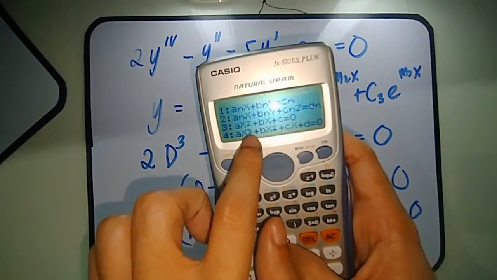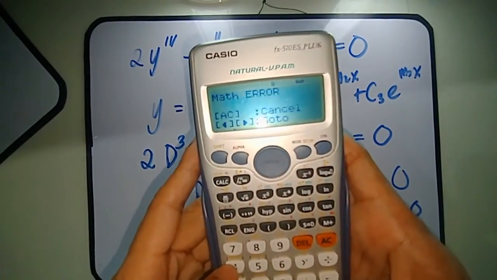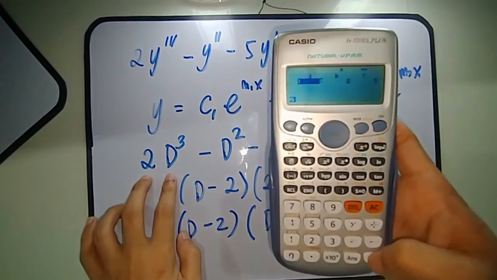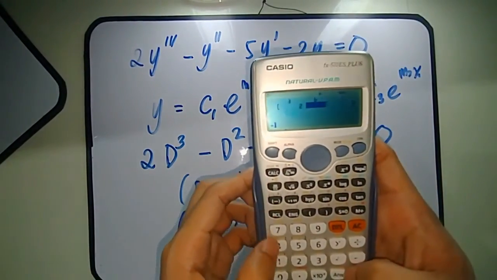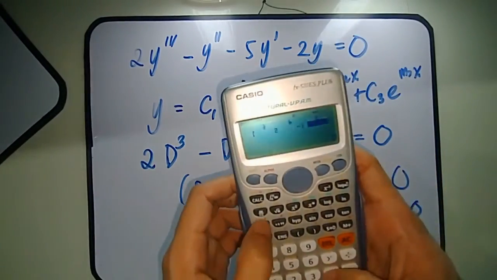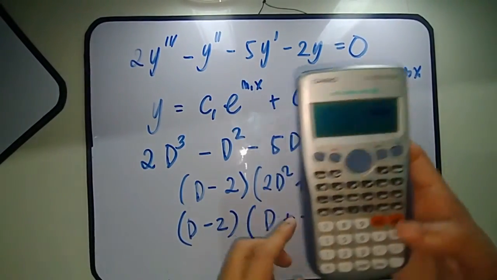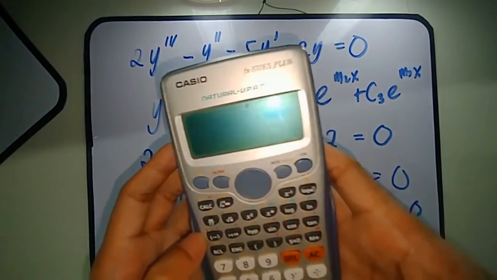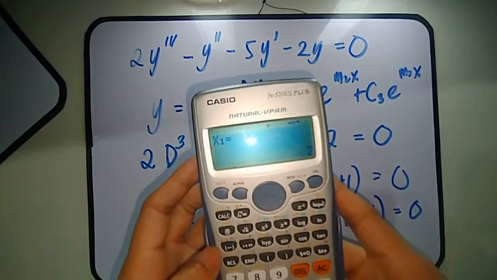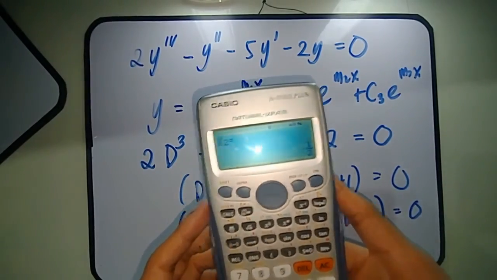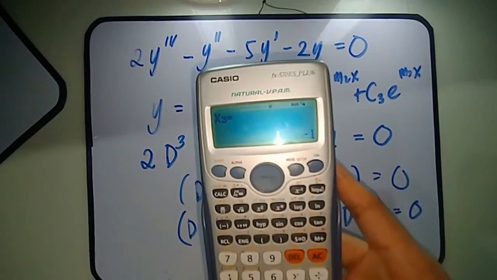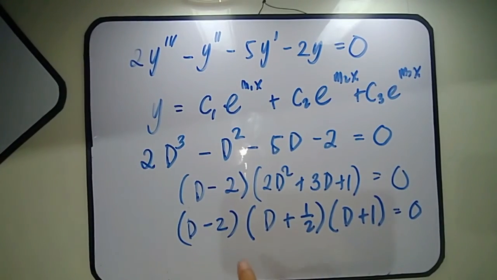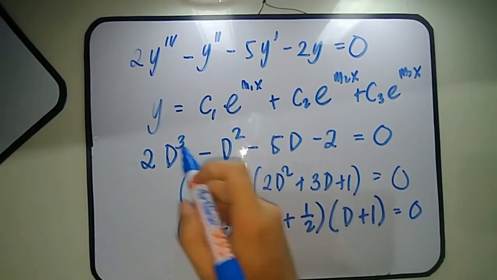Then for cubic, you have here 4. Then for a, coefficient niya 2, negative 1, negative 5, and you have here negative 2, equals the first root, so 2, tama yung assumption natin. Second, negative 1 half. The third is negative 1. So tama siya here.